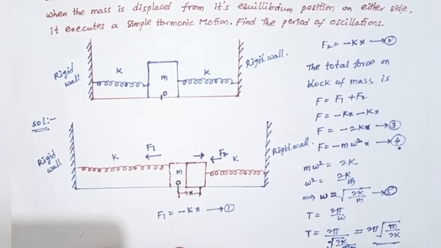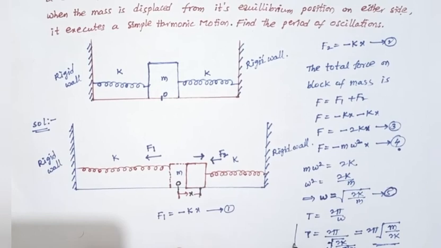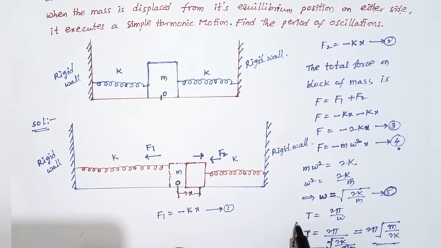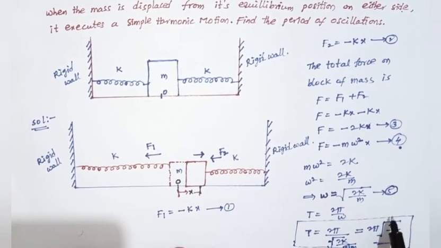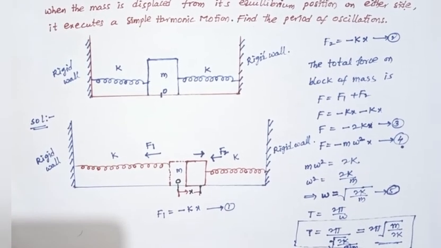So this is the time period for this simple harmonic motion: T equals 2 pi into square root of m by 2k.